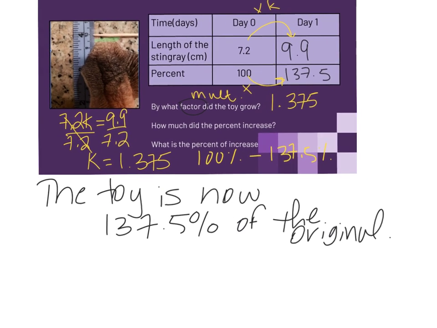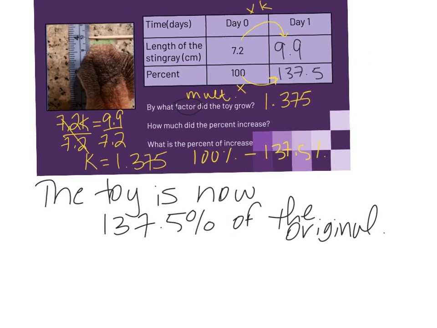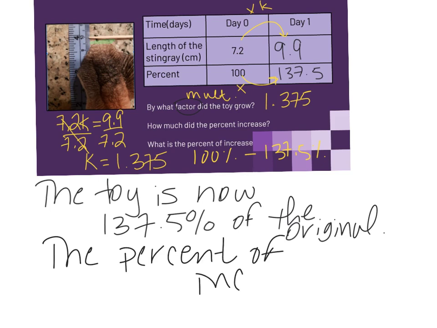So let me squish again so I have room. I'm going to say the percent, and it got bigger, so that's an increase, right? So the percent of increase is 37.5%. If I was going to summarize, I would say this got more than 1/3 bigger.